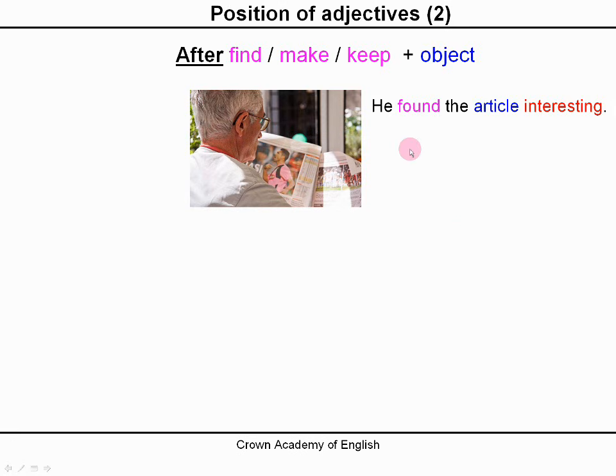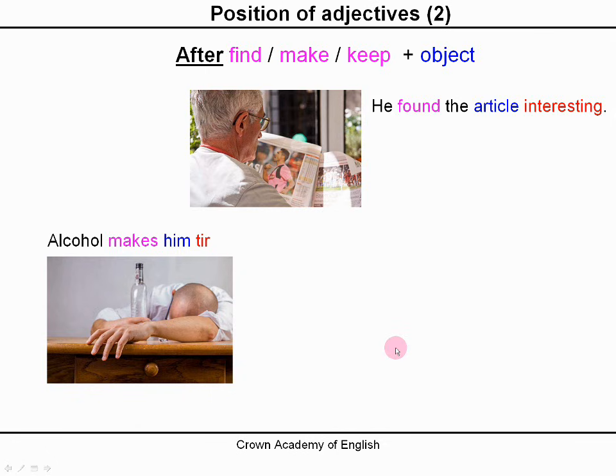So here we have the verb find in the past simple. Article is the object of the sentence, and this is the adjective. So the adjective here is in fact describing the article, which is the object of the sentence. Okay? It is not the subject this time, this is the object.